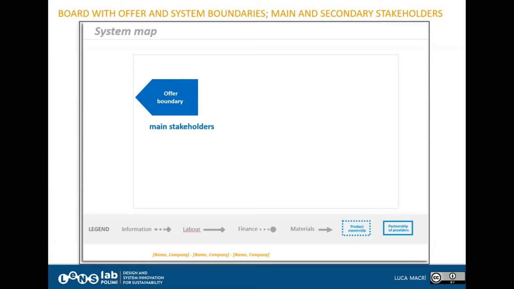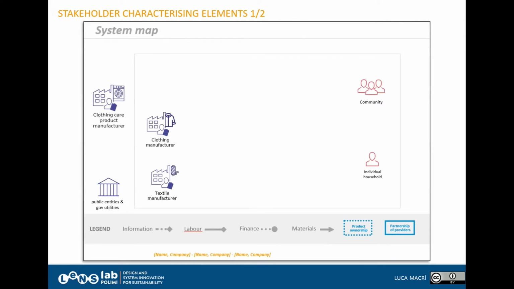I don't know how to make it better, actually. But basically there is a rectangle here, which is gray. Inside, you will put some icons. Those icons will be related to the main offer, and so the main stakeholders. Outside the system boundaries, so just outside that box, you put the secondary stakeholders involved. And here you can see just an example.